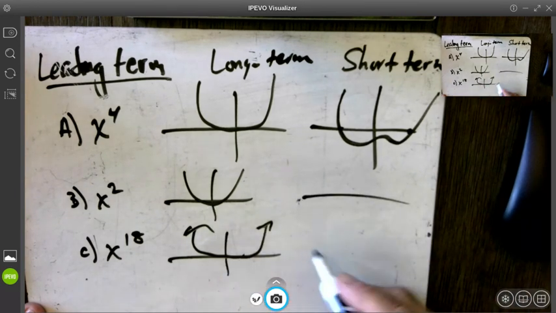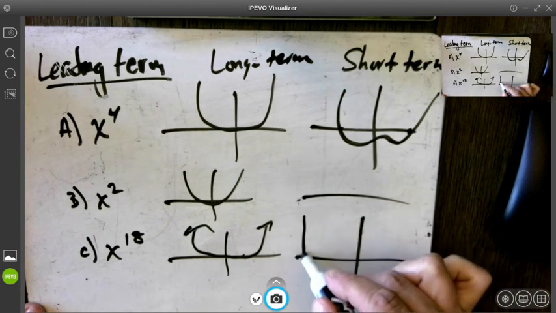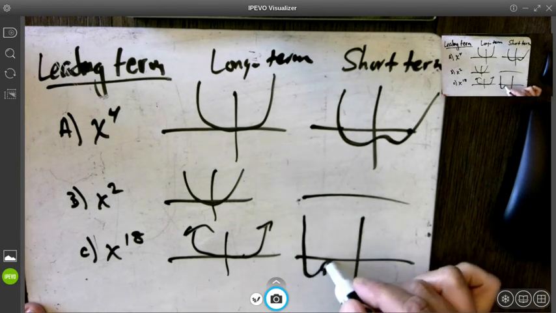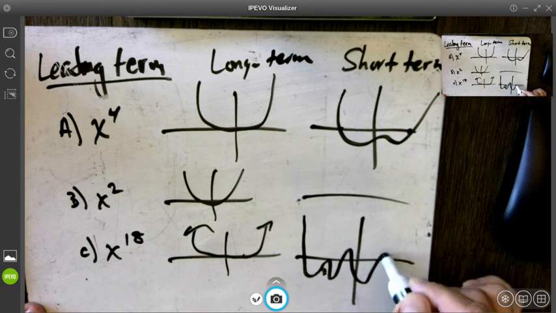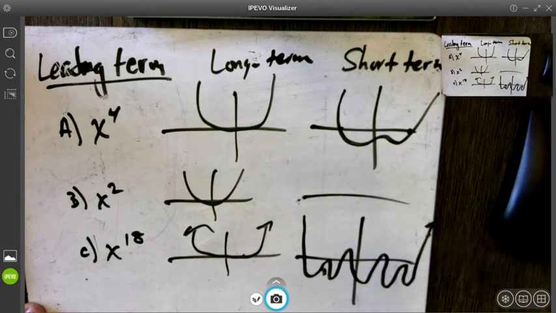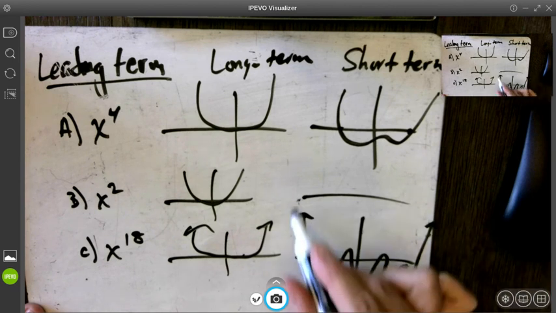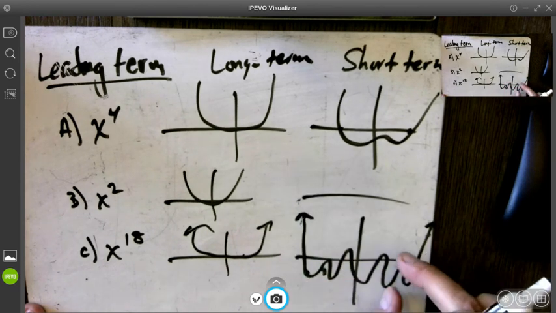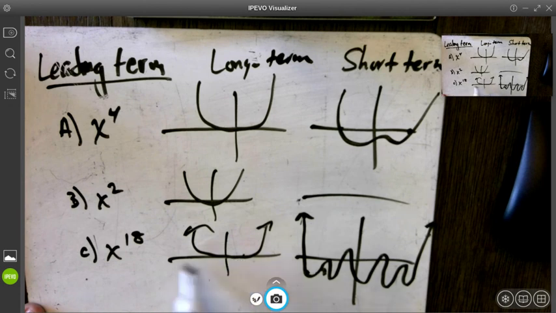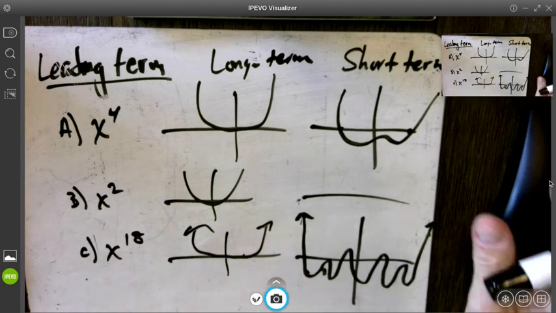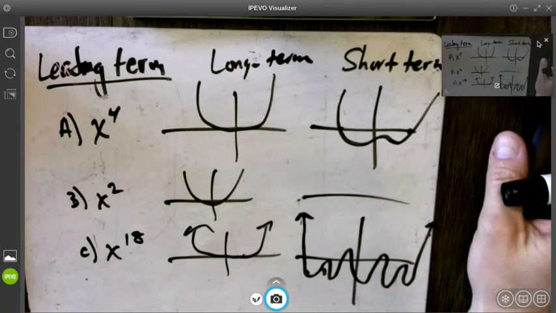X to the 18th, however, that could get wild. We could have something that looks like this. But overall, same idea. If I zoomed out, I would get a basic U shape. These humps would even out and kind of look like this giant parabola if I let the scale get big enough.